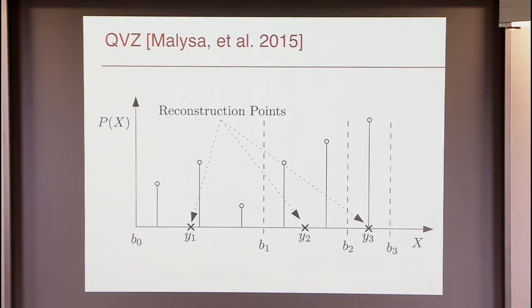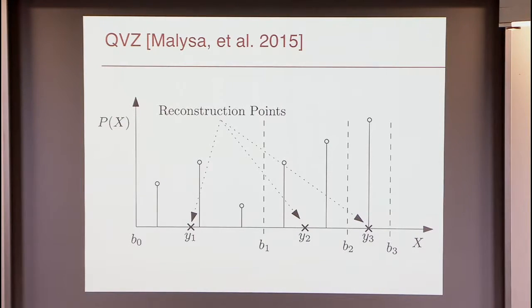It's mapped to a point in that interval that minimizes the distortion of the original signal. So hopefully that's a slightly fair covering of it. QVZ also shows significant compression with minimal loss of, or even no loss of, downstream SNP calling accuracy.